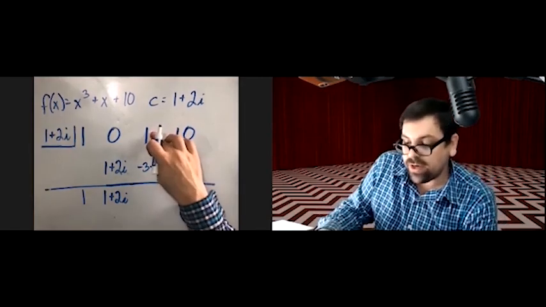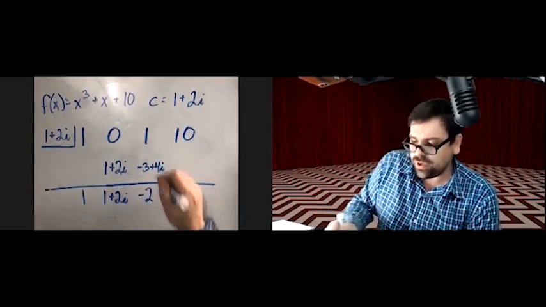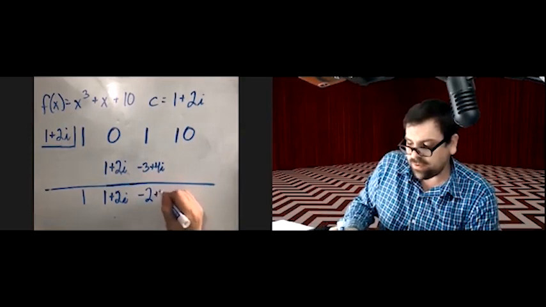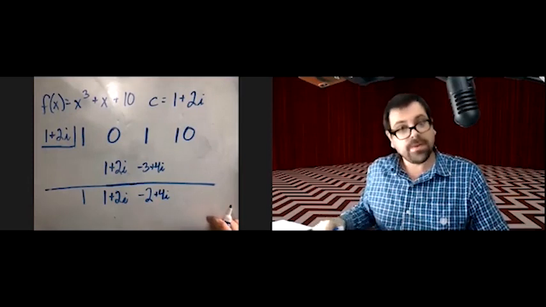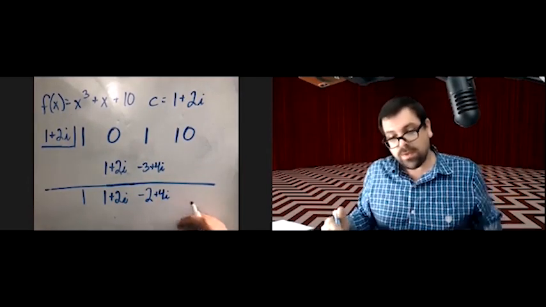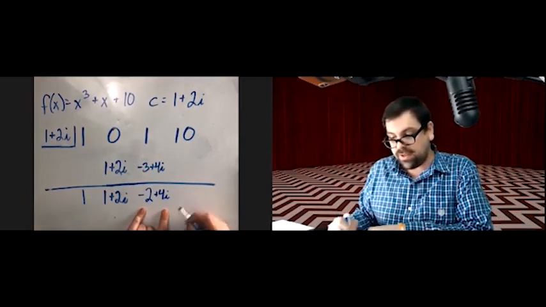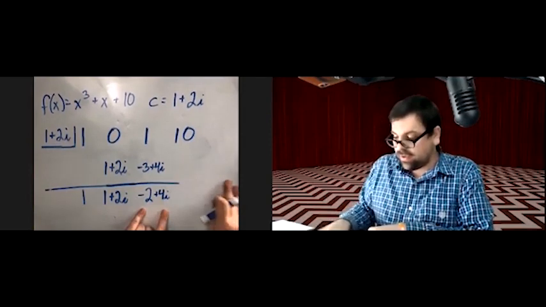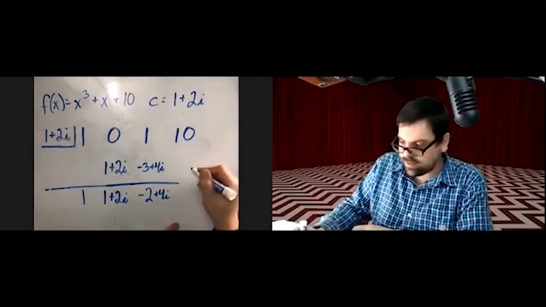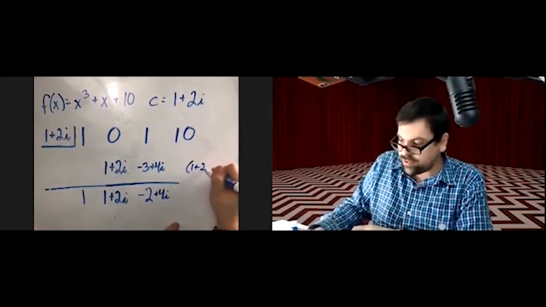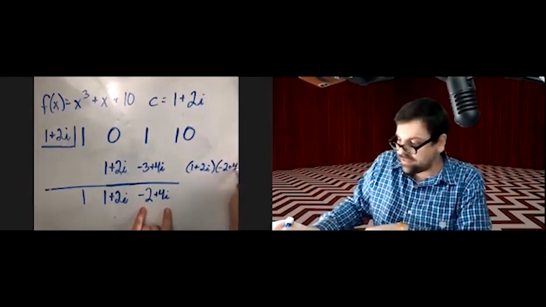Now we add 1 plus negative 3, 1 minus 3, that's negative 2 plus 4i. And now again, 1 plus 2i times negative 2 plus 4i. I'm going to go to the imaginary area that's off somewhere again. 1 plus 2i times negative 2 plus 4i.